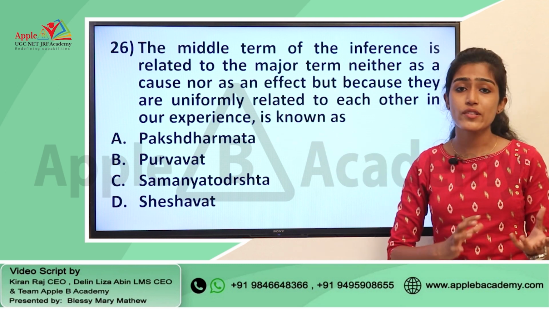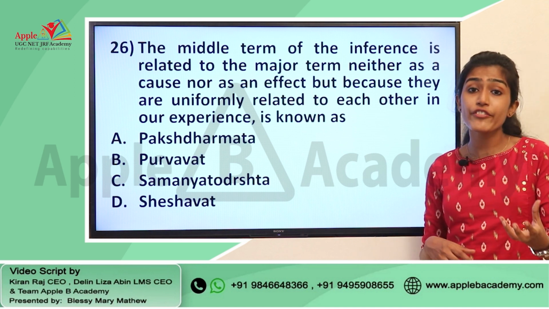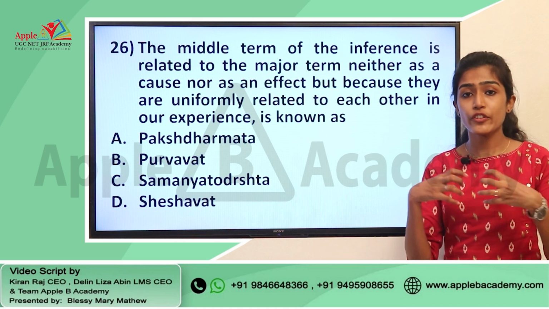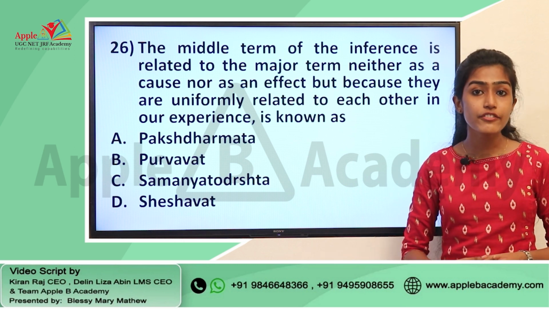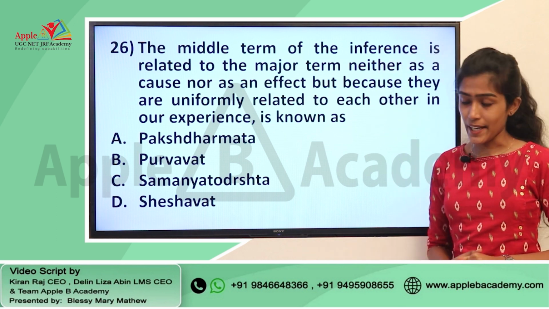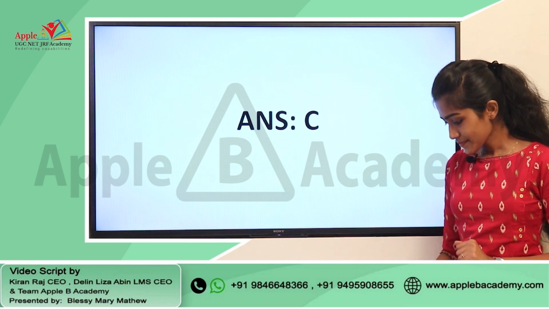It is not like a cause and effect relationship, but they are related in such a way that they are uniformly related to each other in our experience, and this uniformity that we have experienced in our past is what leads us to the inference. So, that is option C, Samanyatodrshta Anumana. So, the right answer for this question is option C.